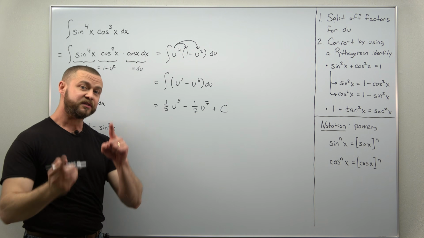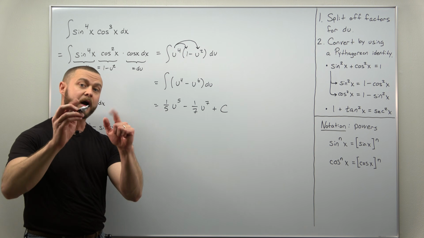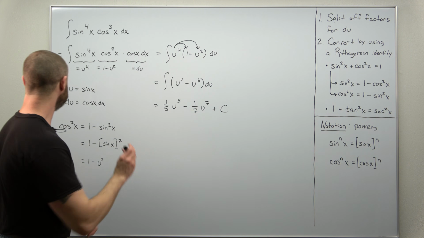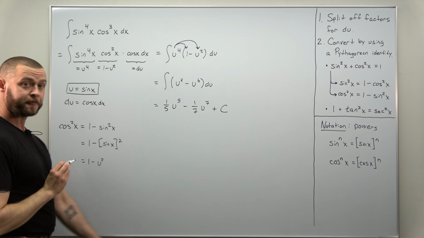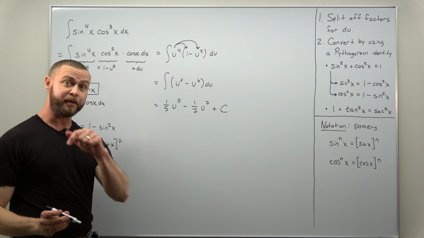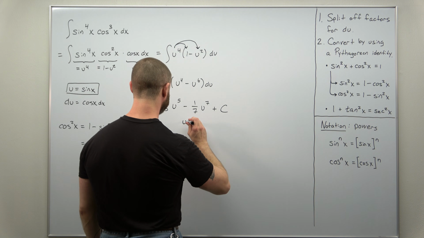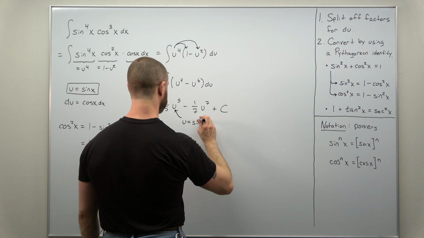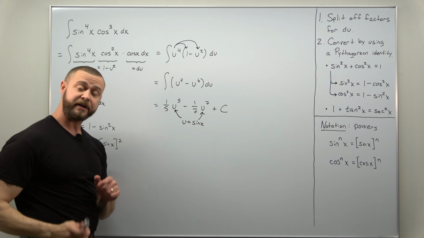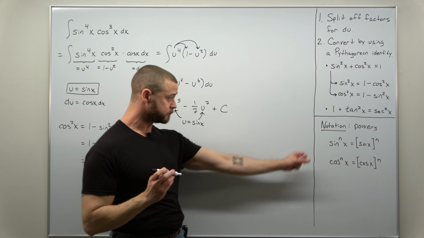And now we just substitute back our choice for our substitution. We used u as sine of x, and we just plug that in both those spots. So we're going to substitute u back in terms of x as sine of x. And again, be careful with your powers here.